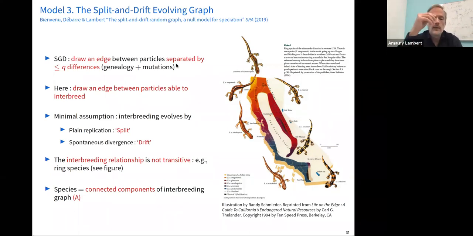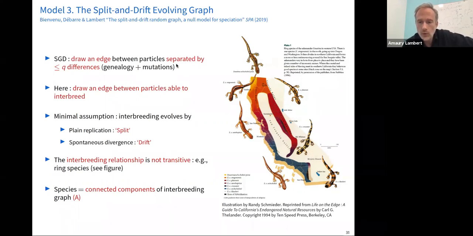Note that this interbreeding relationship is not transitive, as you can see from this example, a well-known example of ring species, from the genus Ensatina of salamanders. It starts with one ancestral species in the northwest of the USA, and it diversified into different morphs on the two sides of the San Joaquin Valley.